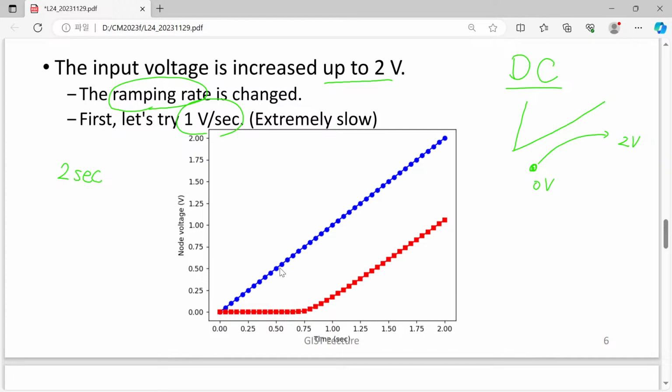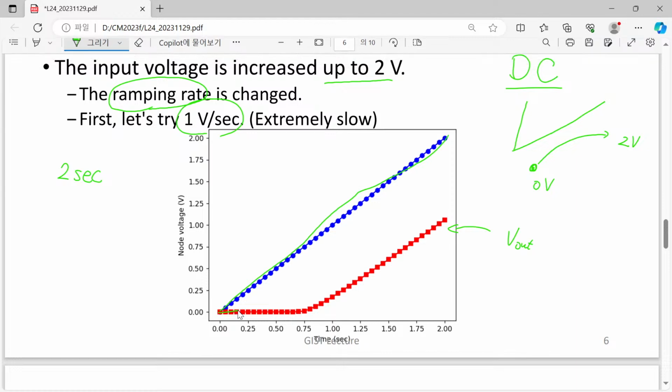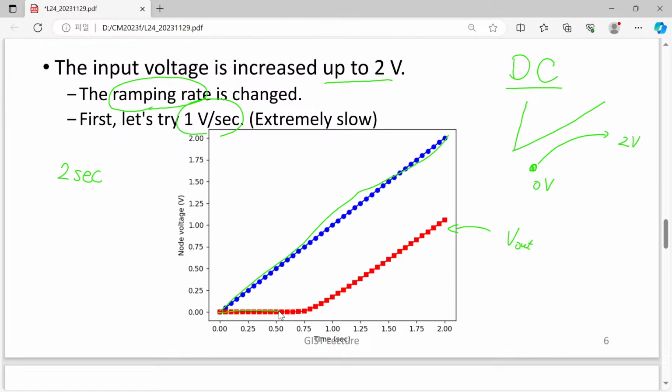Within this quite a long time, the voltage is slowly increased. Then what happens to our output node value? As expected, when the input value is low, there is no output voltage. However, beyond a certain level, the additional applied voltage is all consumed by our resistor. That is shown here.